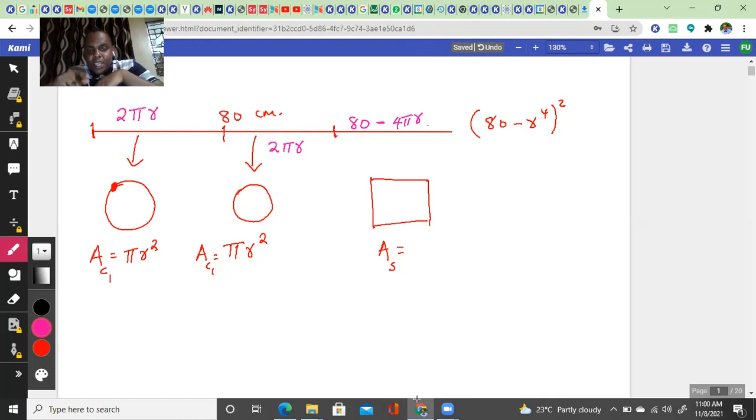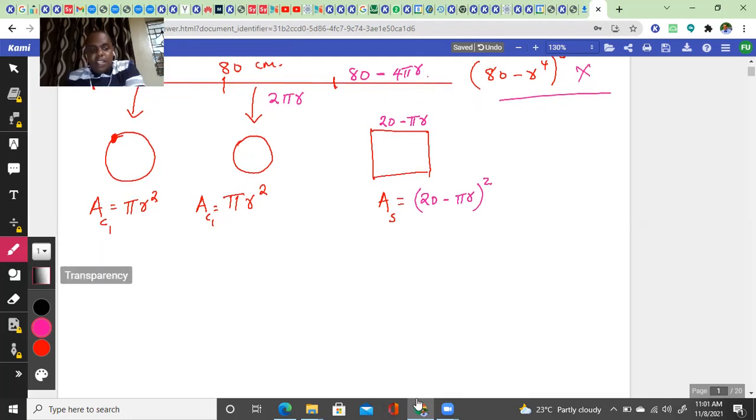Okay. So to get one side of the square, you have to divide that piece by 4. Right. And so this is going to be 20 minus pi r. And so the area for the square is going to be 20 minus pi r squared. Okay. So we want to sum all the areas.